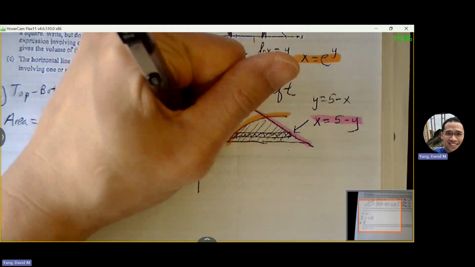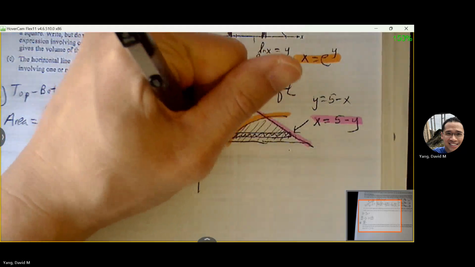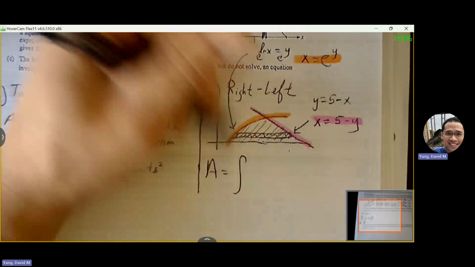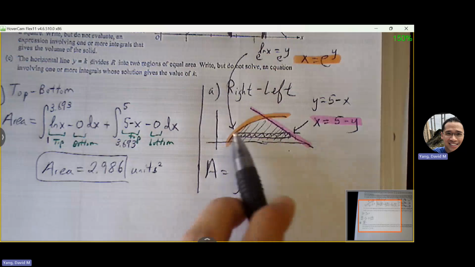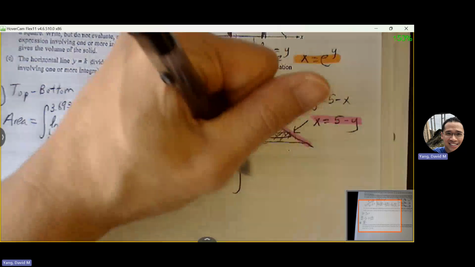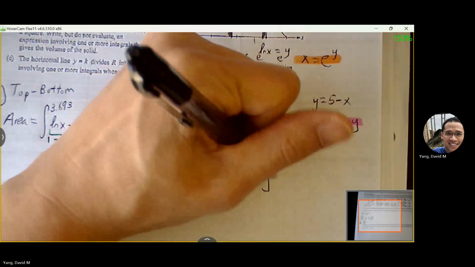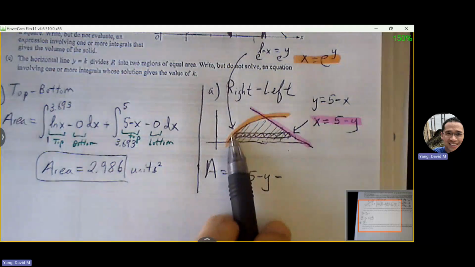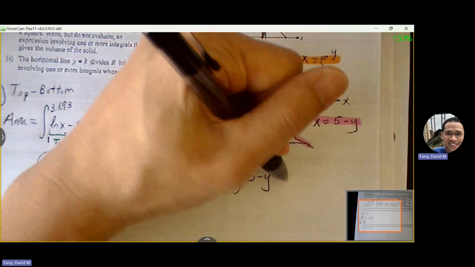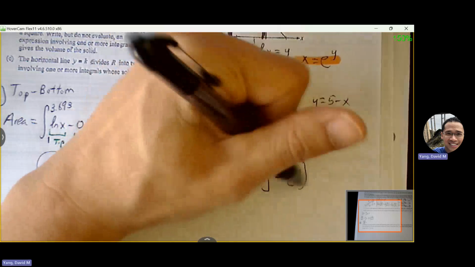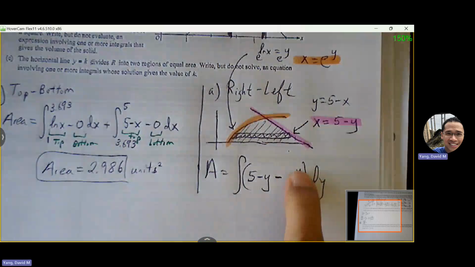So let's build our area, our region, right minus left. The right endpoint of my rectangle is sitting on the 5 minus y, minus my left endpoint, which is sitting on the e to the y, and then just dy. No squared.